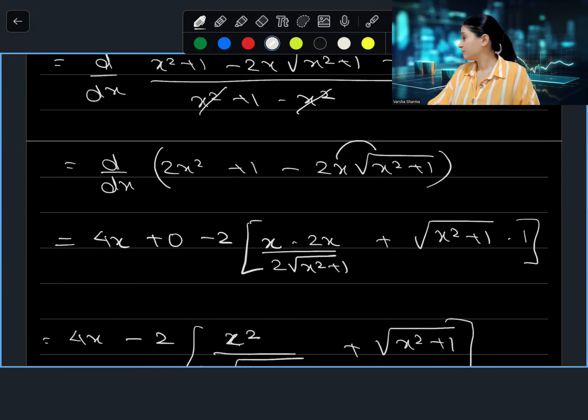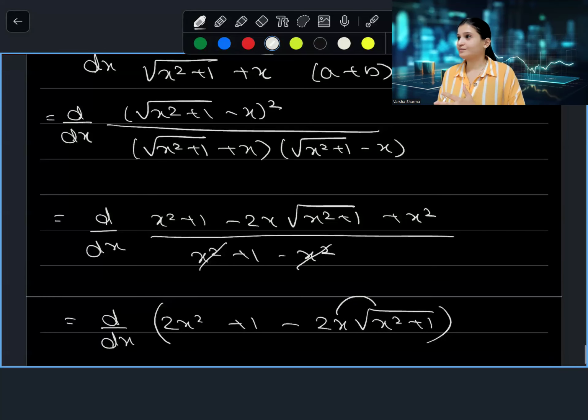Product rule. I leave x, differentiation of root x square plus 1, plus I leave root x square plus 1, differentiation of x is 1. Till here it's okay.